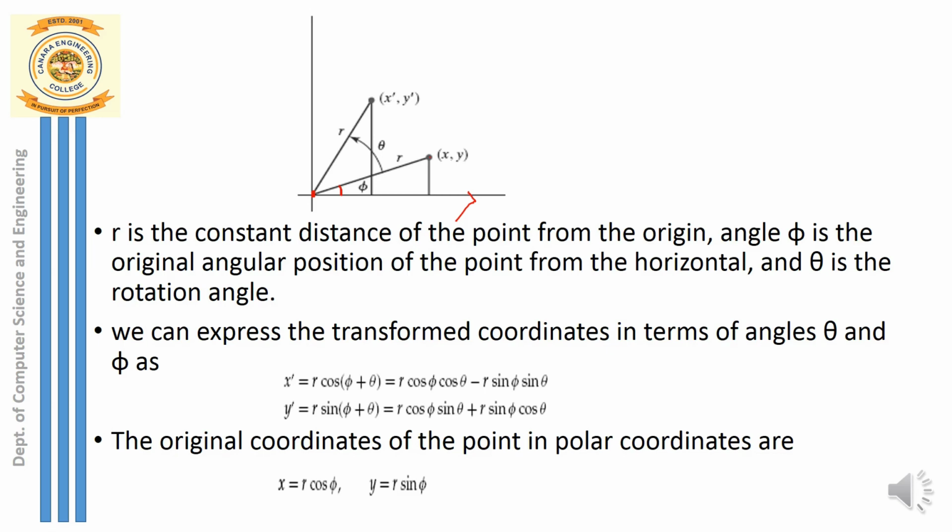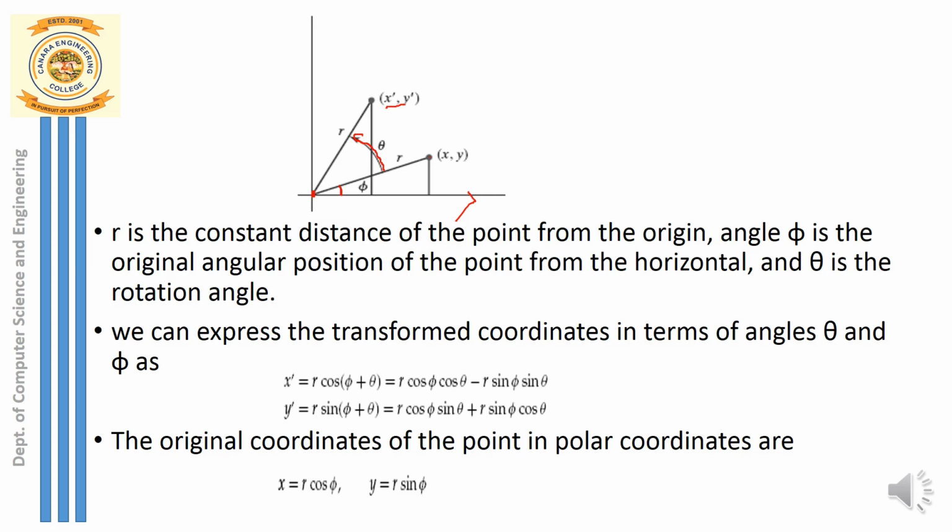Now here I am going to apply a 2D rotation for this particular line segment. So what do I do? I rotate this particular line by an angle theta. See, after rotation, the size of the line segment did not change. All that has happened here is that the orientation of the line segment has changed, and now the coordinate of the line segment also has changed. The new coordinate is given by x dash and y dash.